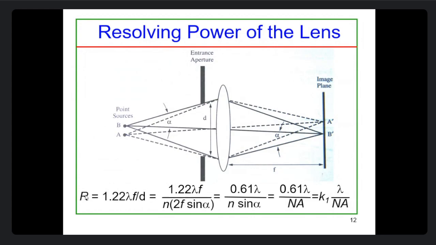But the point is that if you increase any of these, either by increasing the size of the lens or by changing the medium in between, or both, that actually demands cost.